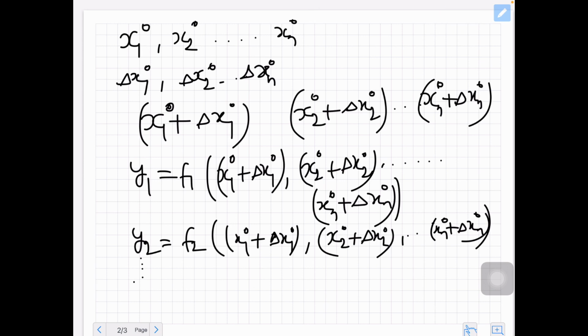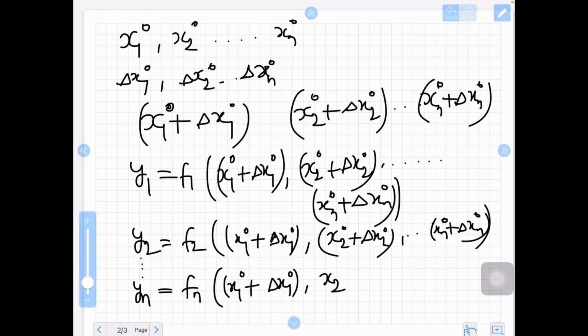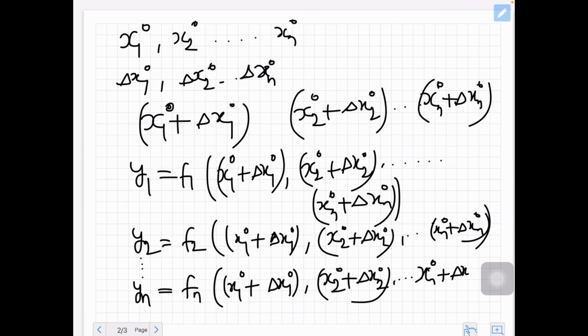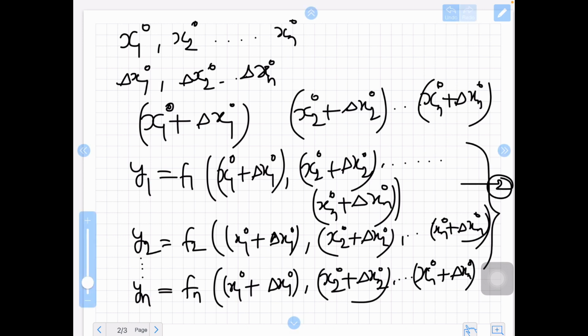This will go up to yn, which is equal to fn of x1 naught plus delta x1 naught, x2 naught plus delta x2 naught, etc. up to xn naught plus delta xn naught. These set of equations, let us call equation number 2.